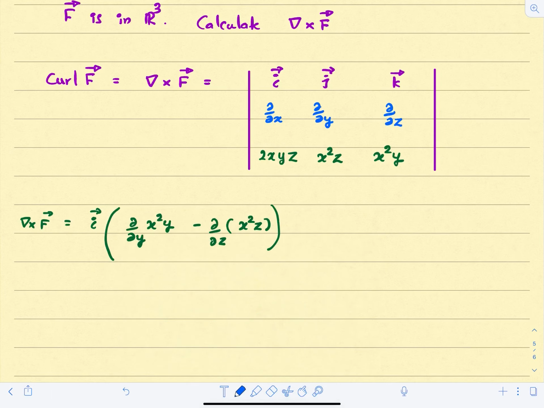Then we have minus j times partial over partial x of x squared y minus partial over partial z of 2xyz. Okay.